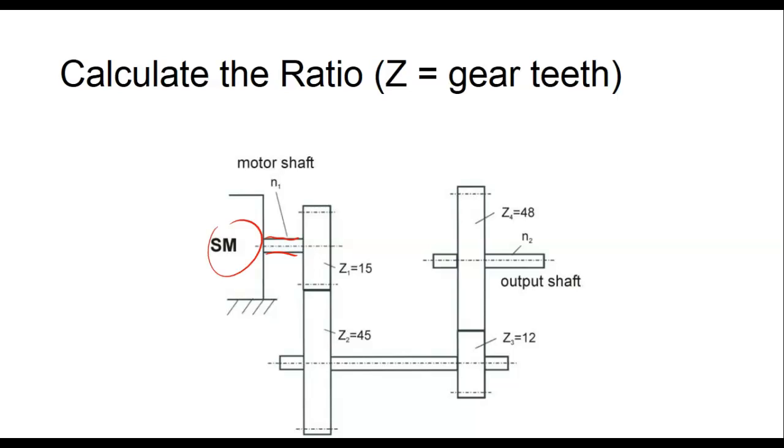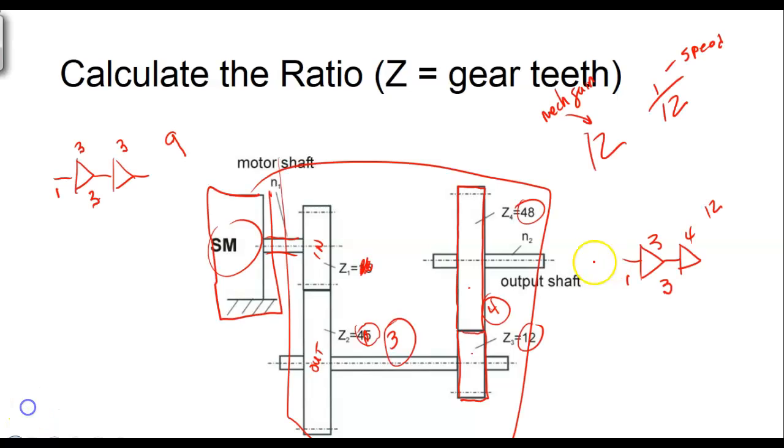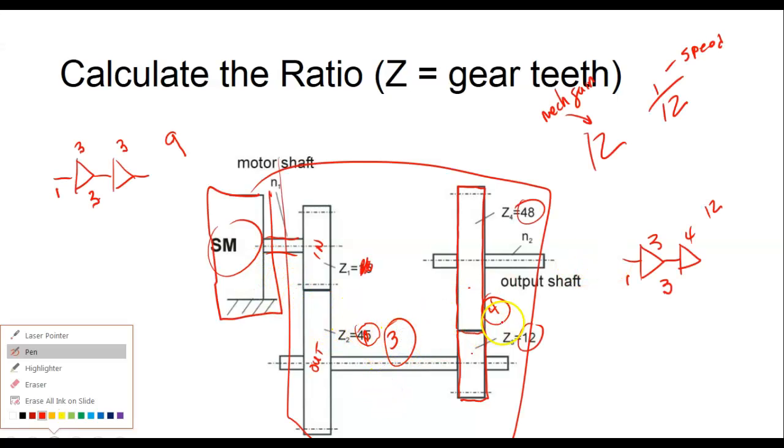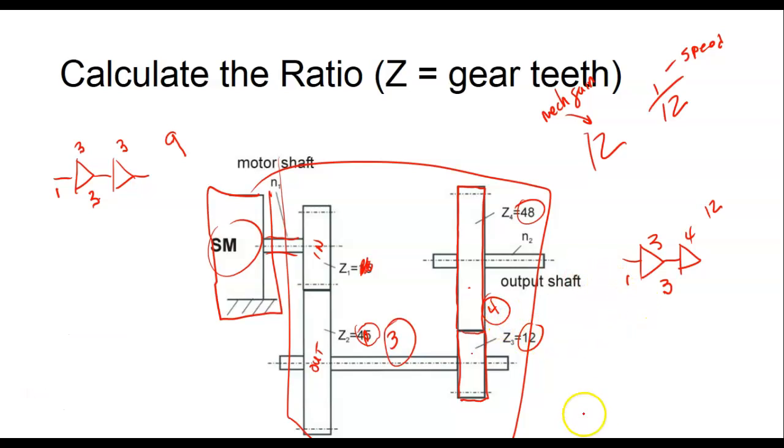What would happen with this one? Would it be a speed multiplier or a torque multiplier? If it's a torque multiplier, what would it multiply the torque by, and what would it reduce the speed by, or vice versa? So what we did was we figured out that if we have a gain that feeds a gain, then we multiply the gains together.